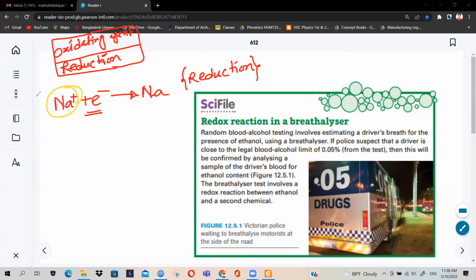So remember the OIL RIG formula all the time, because otherwise you will get really confused. These two terms are really confusing. You are bound to think every now and then that oxidation is reduction and reduction is oxidation.